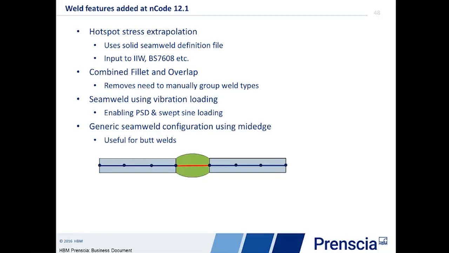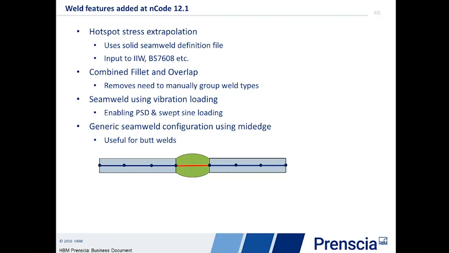And then finally, there are other weld configurations that occasionally we use. One of them was generic, and generic basically just took every possible location and solved it. One of the things, it had not been enhanced to use the latest stress recovery, the grid point force method, and mid-edge options, and that's been basically added to generic.